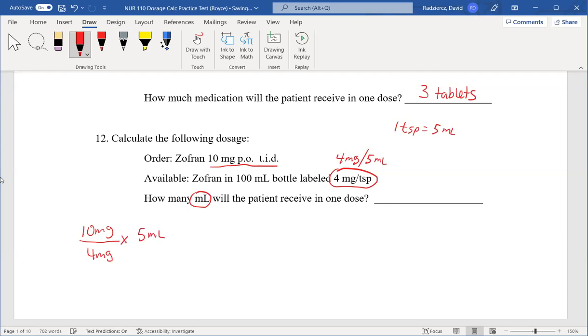So you don't have to worry about converting teaspoons to milliliters because you already did that step. 10 times 5 divided by 4, and you're going to get an answer of 12.5 milliliters. Don't forget to write your units.